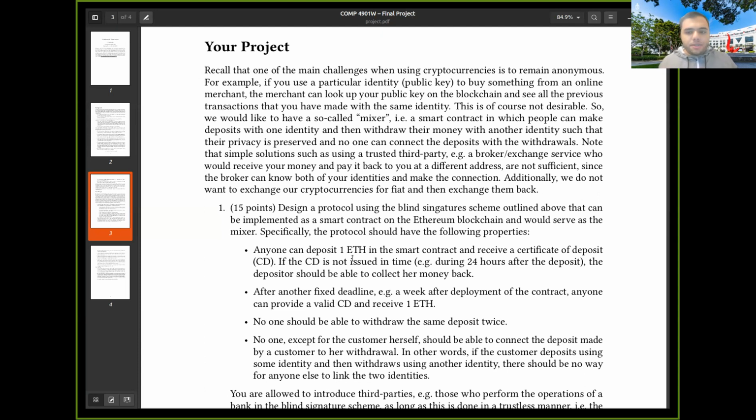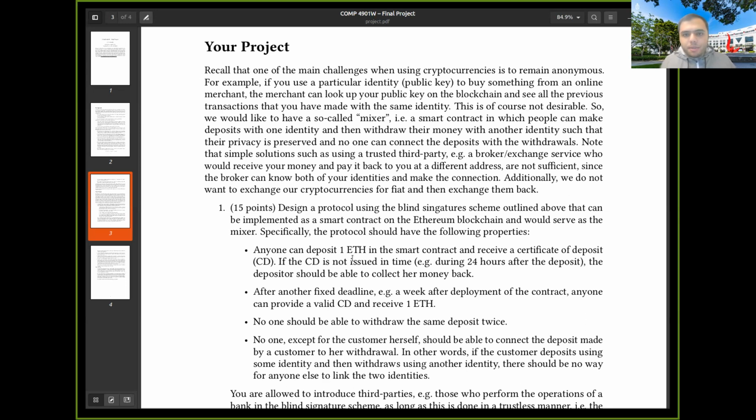I want to be able to deposit 1 Ether into this smart contract, and maybe after 24 or 48 hours, get this 1 Ether using a different identity. But I want to make sure that, assuming a lot of people are depositing and withdrawing from this smart contract, no one on the blockchain can connect my deposit to my withdrawal. Okay?